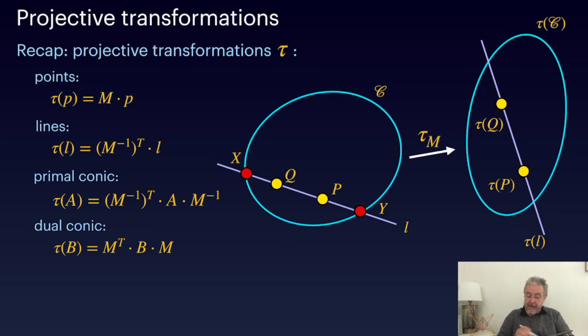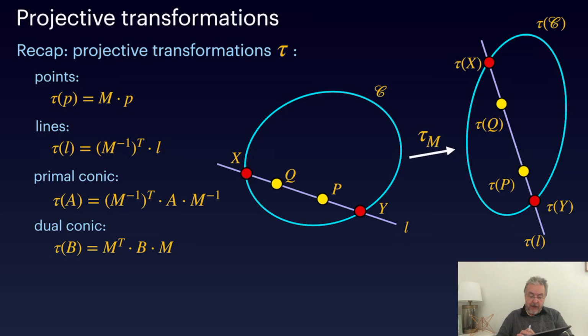The conic may go to any other situation here, depending on your transformation, but if you look at those points x and y, you see that if they are the intersection of the line and the conic before the transformation, they also have to be the intersections of the line and the conic after the transformation. It's a little bit tricky to figure out in which order they appear. That depends on the sign of certain cross ratios.